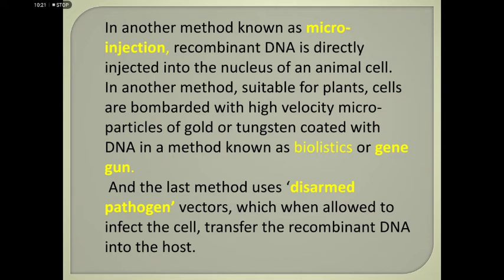In such a method, the plasmid is a vector which allows it to infect the cell and transfer the recombinant DNA into the host. Disarmed means non-pathogenic agents are allowed to infect bacteria and transfer the plasmid into bacteria.